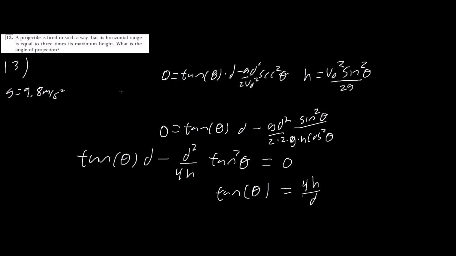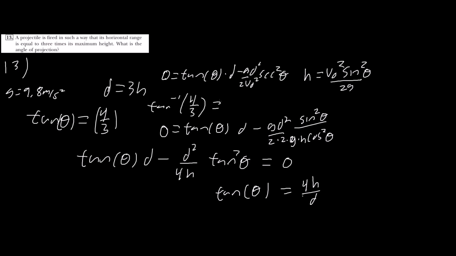All right, now we're going to take into account that the distance is going to be 3 times the height. So is that it? Yeah, 3 times the height. So now we're going to let d equal 3h. So tangent of theta in this specific case is going to be 4/3. So tan inverse of 4/3 will be the result, I'm pretty sure, if I did the math correctly, which is going to be 53.1 degrees.